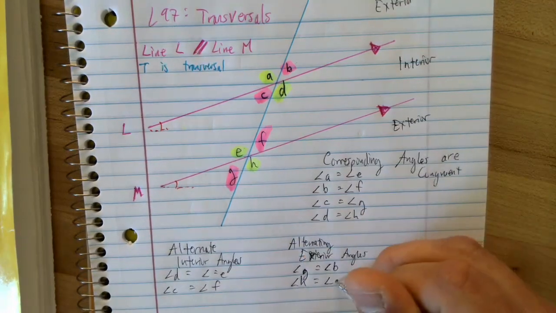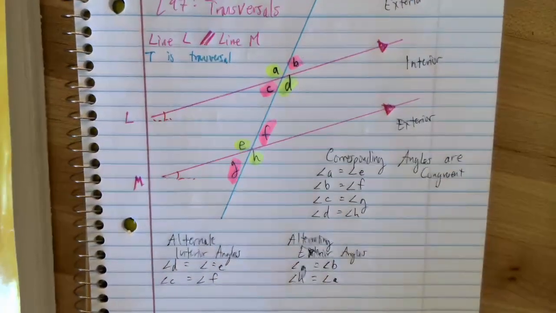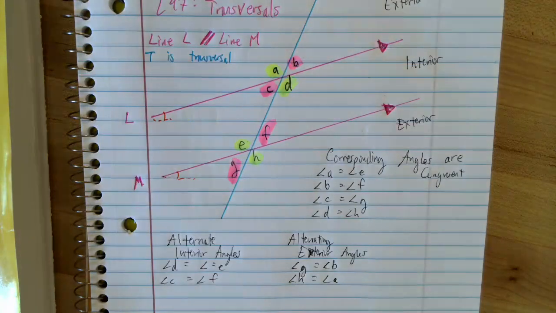Good. So you can begin to put together that these are just vocabulary terms, but they help us see relationships, that these angles have to be the same. So alternate exterior: they're on alternate sides of the transversal, and they're on the exterior of the parallel lines.